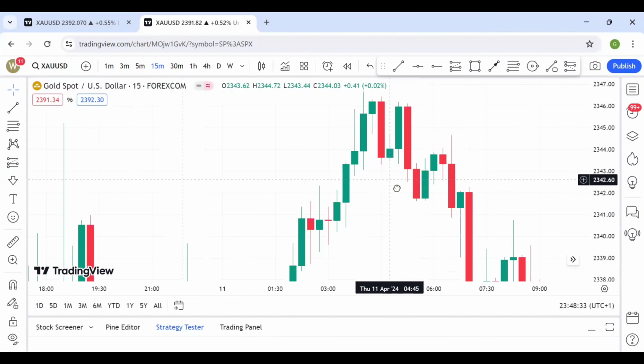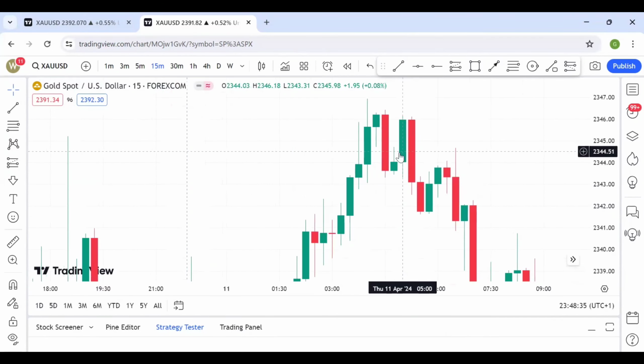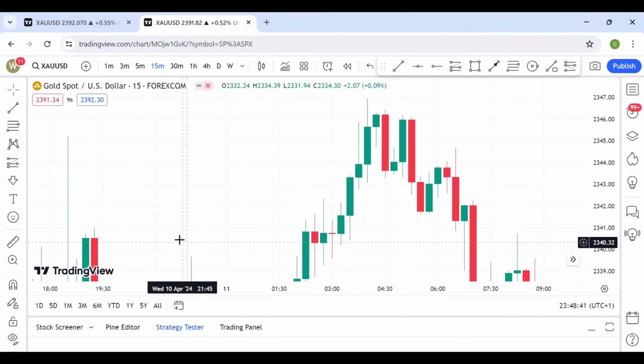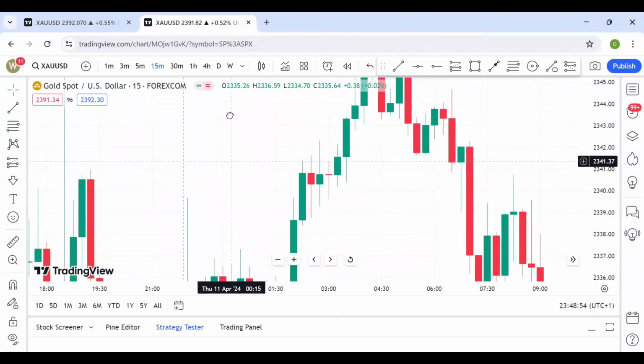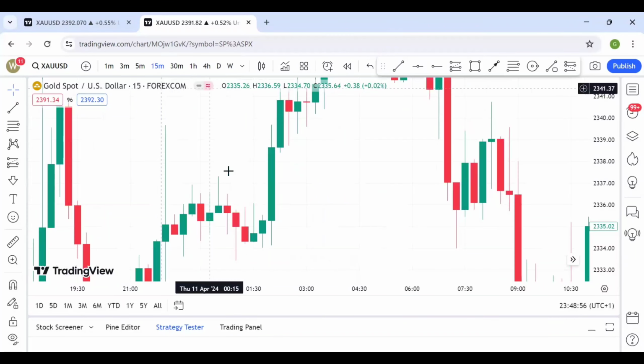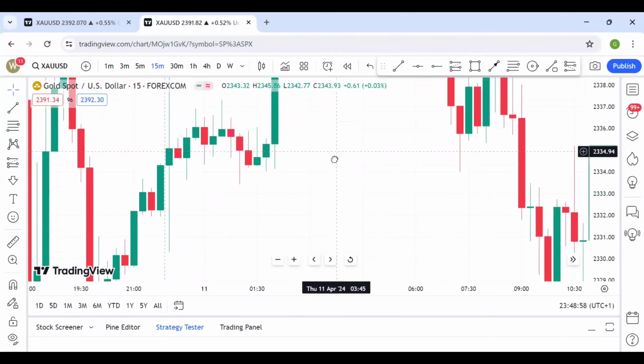Yes, perfect. I've seen one already. You can see these things are very easy to spot. In the other case, the bullish engulfing is where the bullish candle covers completely the bearish candle, and it was found in a downtrend. In this case, if you look at it very well, this is an uptrend.